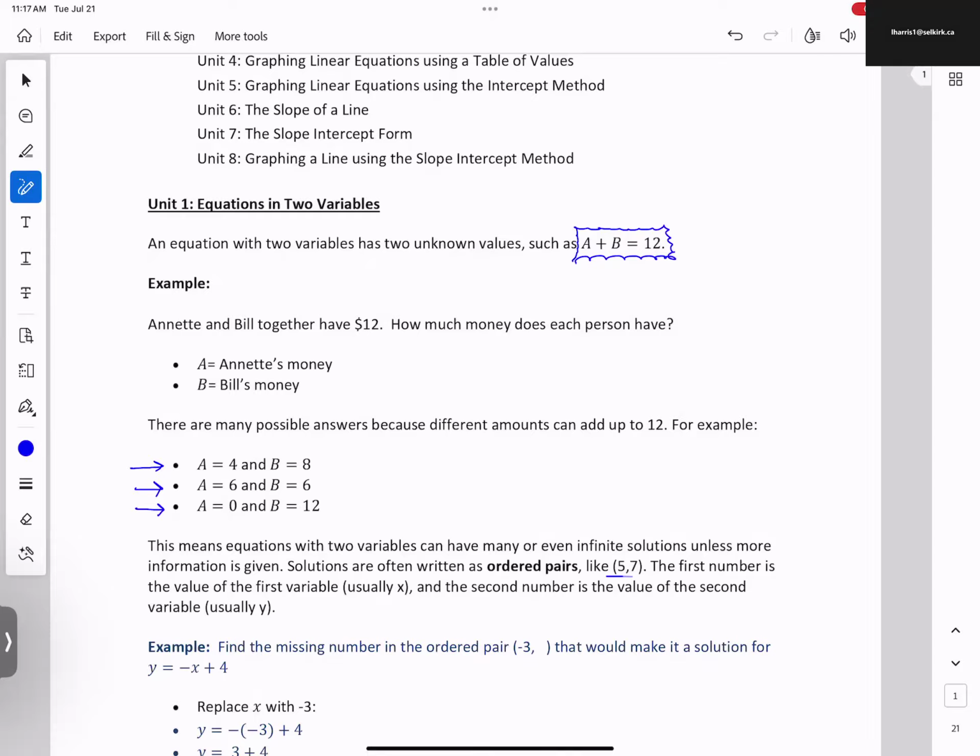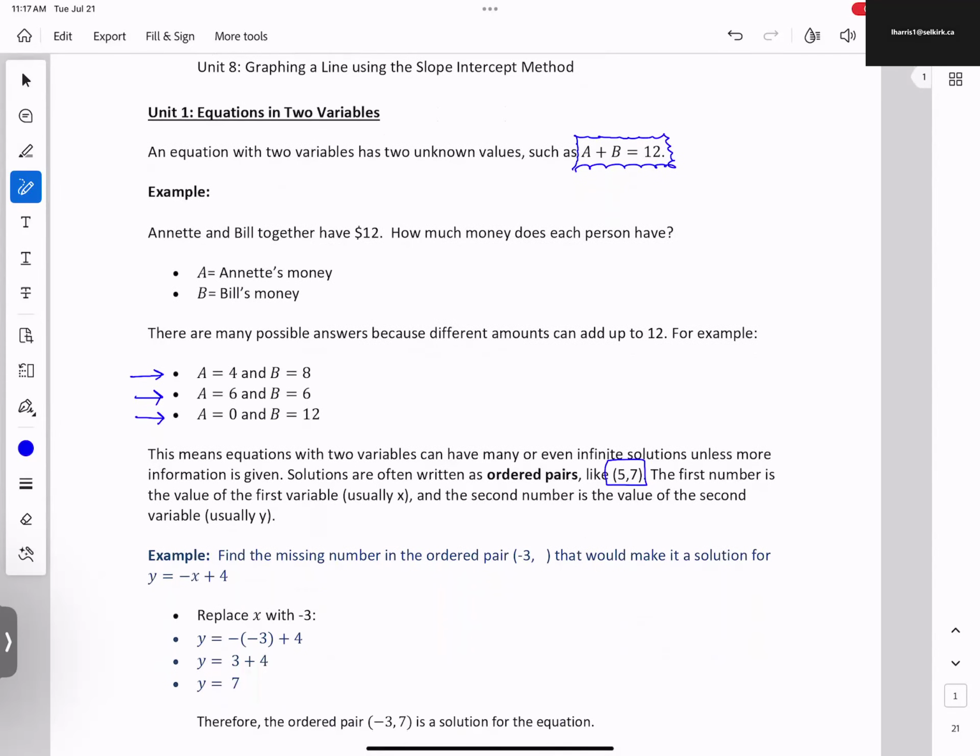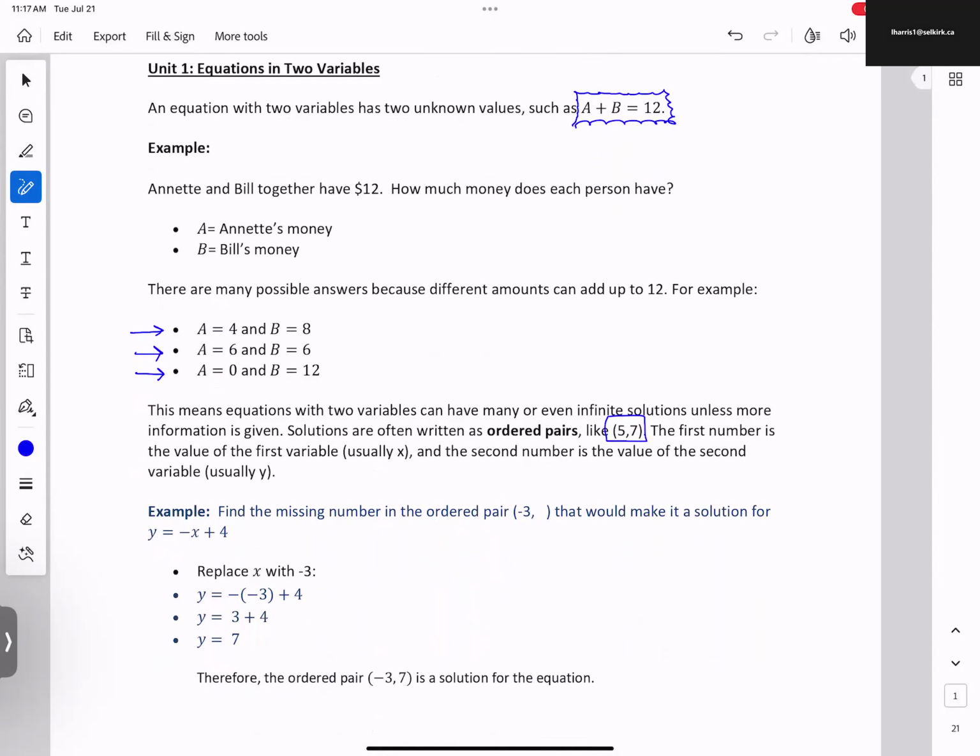So for example, 5 comma 7, where the first value is the x variable or the first variable, and the second value is the second variable, which is typically the y value. So for example, and we've done some of these in the past, but just as a bit of a review, we're asked to find the missing number in this ordered pair, -3 comma blank.